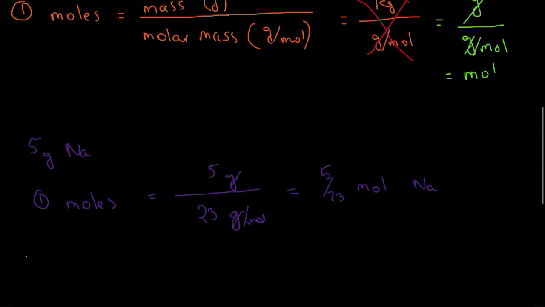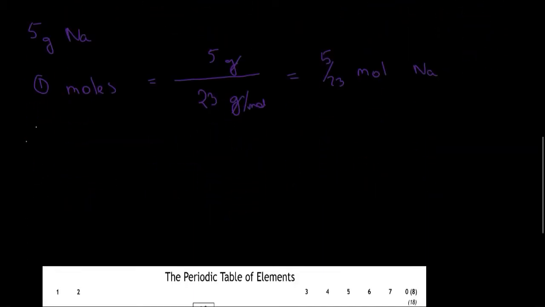Okay, now let's try another one. If we have a compound that has more than one atom, unlike the previous example we just had, sodium, so if we have something more complicated, such as sodium hydroxide, say.